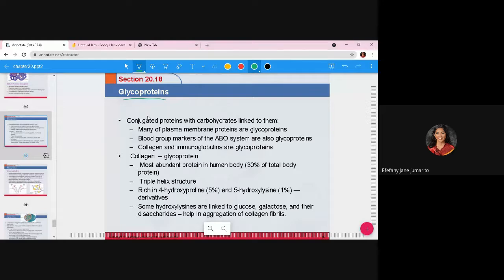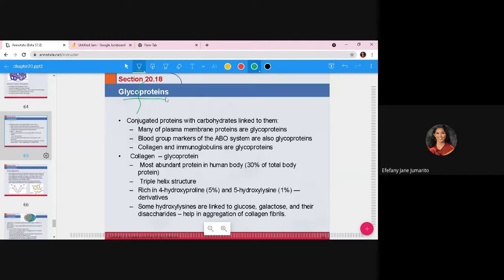Now we have two classifications: the simple proteins and the complex proteins. The simple proteins are all amino acids. Now when we say complex proteins, it has, aside from amino acids, a prosthetic group. Prosthetic groups are non-amino acid groups.